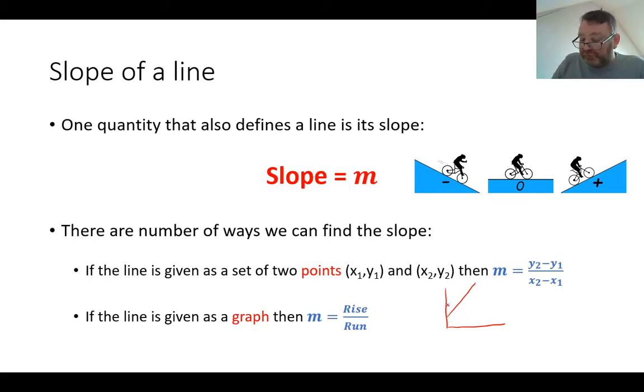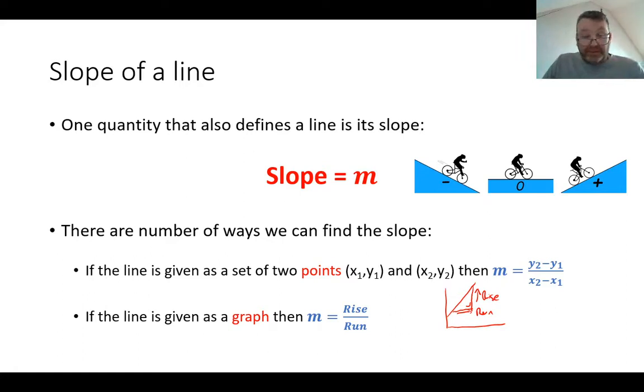What I would advise you to do is to build a right angle triangle somewhere on that line, count the number of units that it rises, count the number of units that it runs, and put the rise over the run. So in fact, you can get the slope by just inspecting the line on a graph. No further information, no points, no algebraic equation, just the line itself.